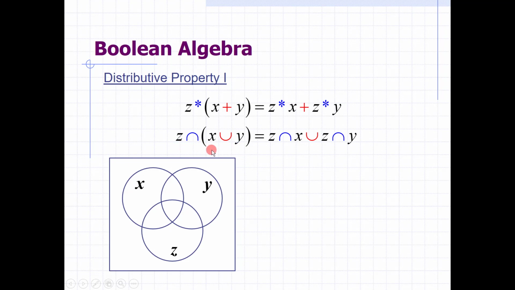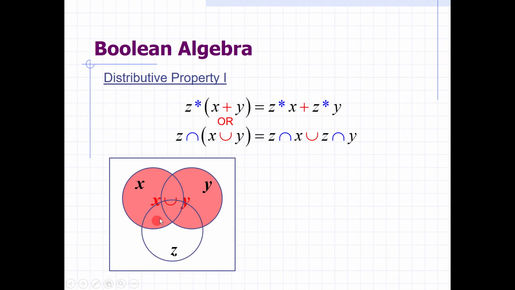To construct this, I have X or Y, or X union Y. That means I'm going to shade anything in the X region and anything in the Y region. And if it overlaps, that's fine. So here we go. So we now have X union Y. Next, we want to intersect that with Z. So where does the red region here intersect my Z bubble?